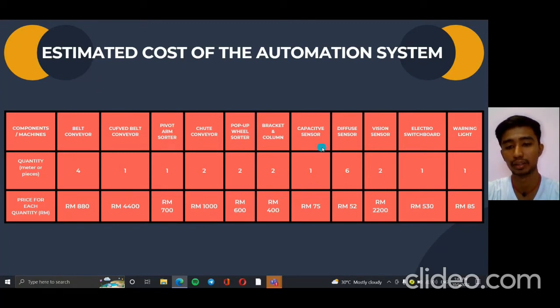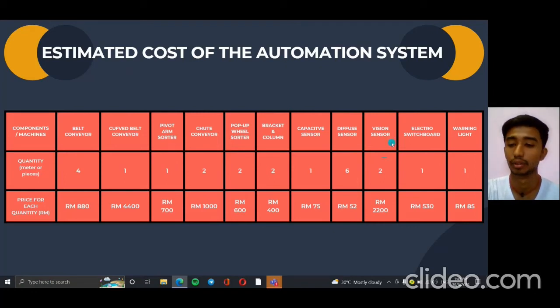For the capacitive sensor, we have used only 1 and the price is 75 ringgit. And the diffuse sensor is the sensor we have used most in our automation system. The quantity is 6 and the total price is quite cheap compared to the others, which is 52 ringgit, although we have used 6 of them.